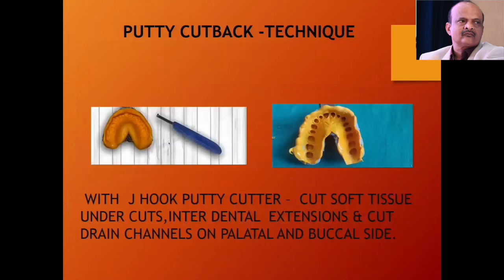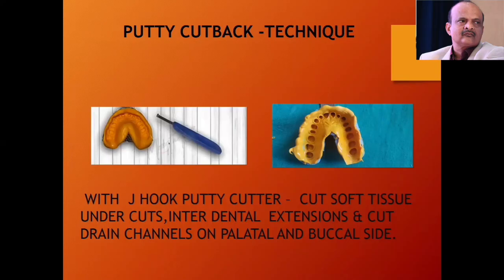Putty cutback technique, wherein you make a putty impression without any spacer, and with a J cutter, a putty cutter, we cut the soft tissue undercuts, we cut interdental extensions, we cut drain channels on the palatal and buccal side, and we inject a light body and make an impression.